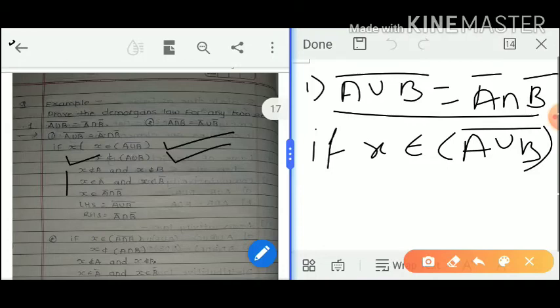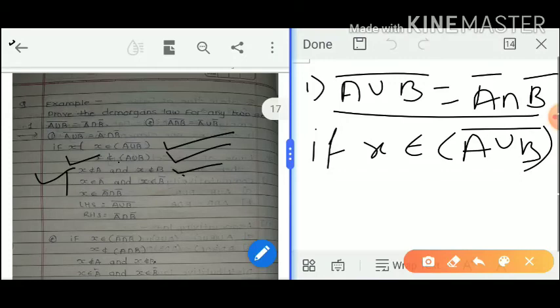So X does not belong to A and X does not belong to B, because X belongs to A complement and X belongs to B complement.